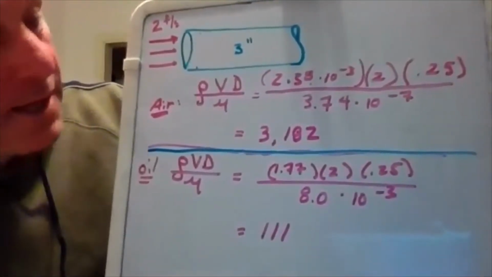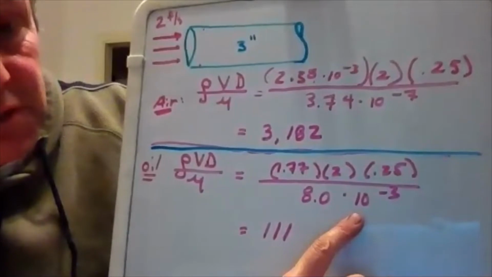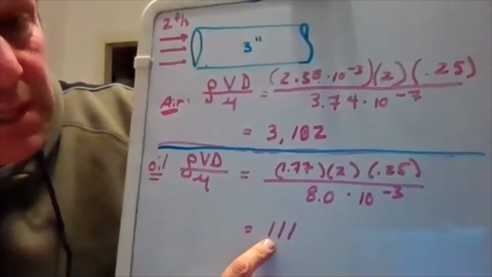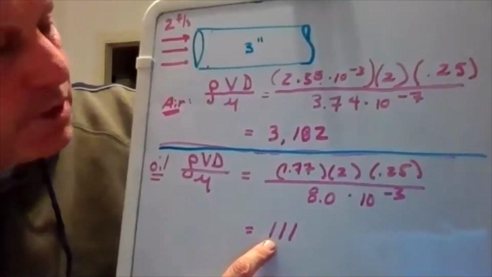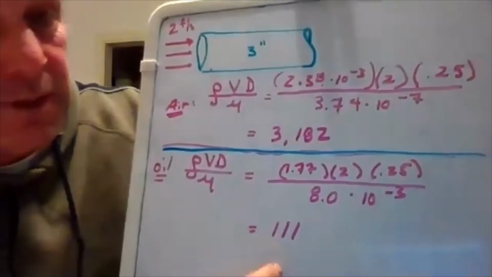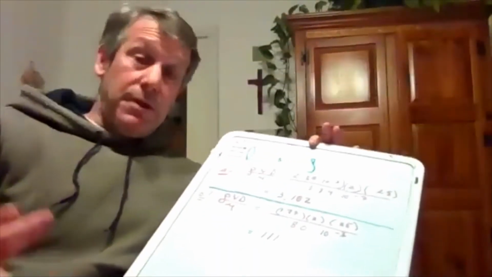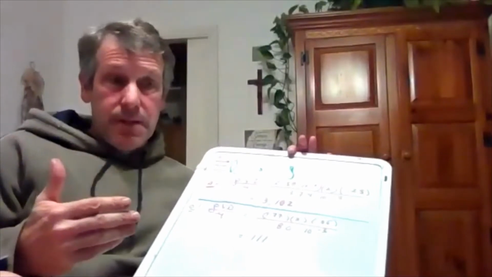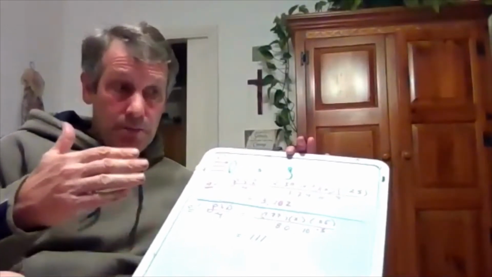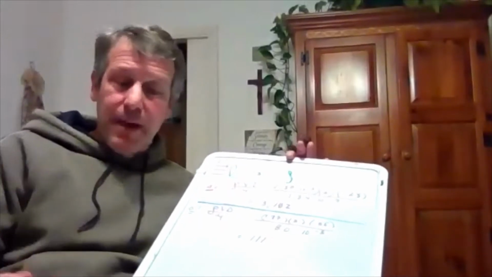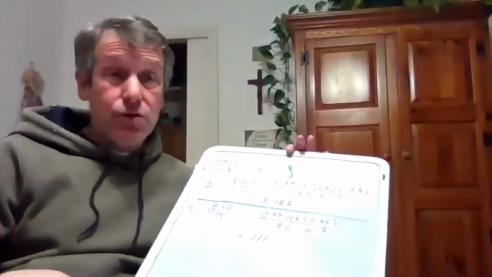On the other hand, oil is so much more viscous than air, and what wins out is we have a lower Reynolds number. So oil is much, much less likely in this case to be turbulent. And of course, that's one thing that we want with engine oil. We want engine oil to lubricate, and also to promote smooth flow and smooth passages. So oil has those properties.